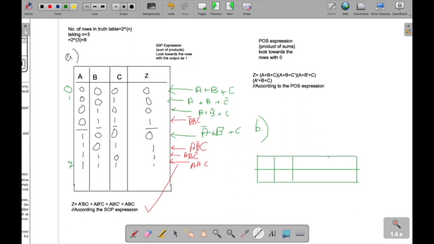So in this Karnaugh map, according to part B, we have A and we have B, C. This is how you plot the Karnaugh map. You should clearly understand what we are going to do in this Karnaugh map. This is the correct procedure. Make sure you always follow this procedure.